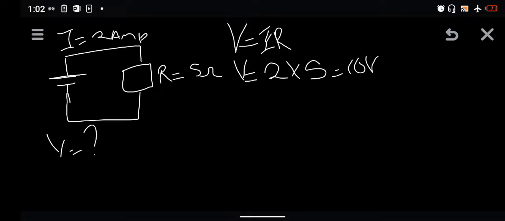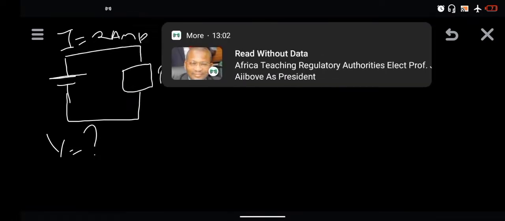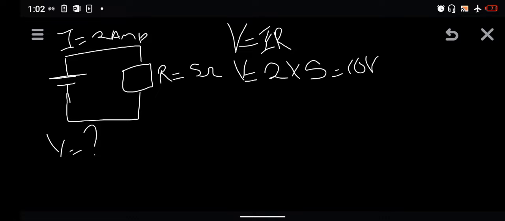Whenever you see the resistance and the current given, you can search for the voltage. Whenever you see the voltage and the resistance given, you can search for the current, and vice versa.